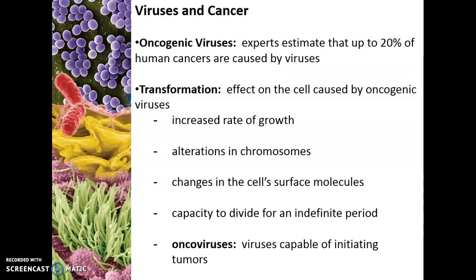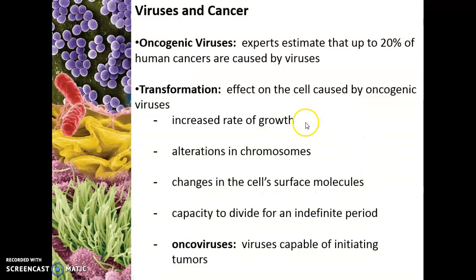Alright, transformation is the transforming of a cell. And what happens when an oncogenic virus infects a host cell is it has a very negative effect on the host cell and transforms it into a cancerous cell.